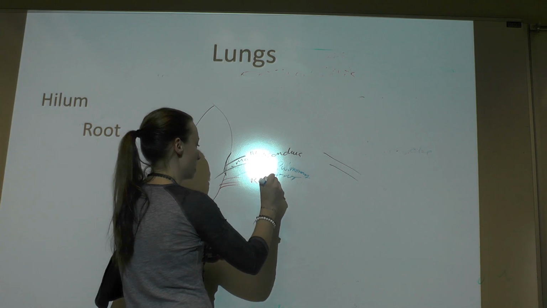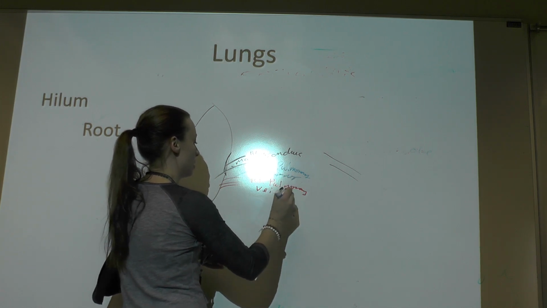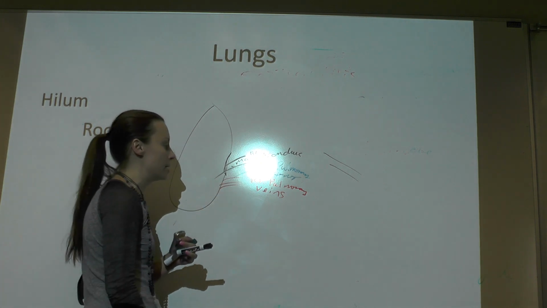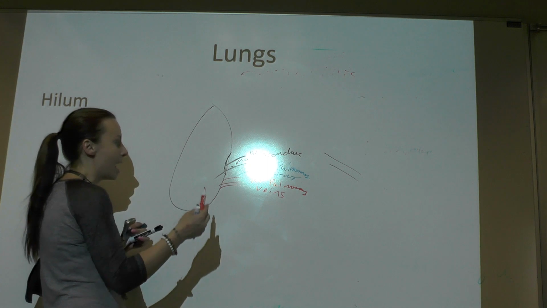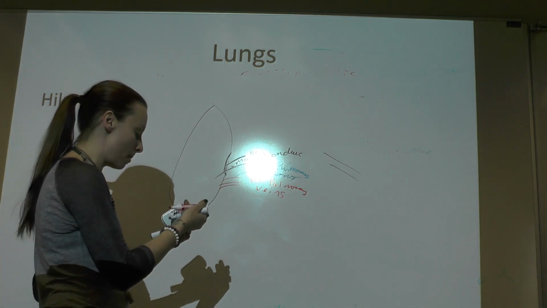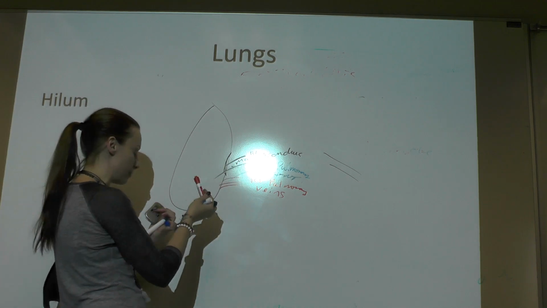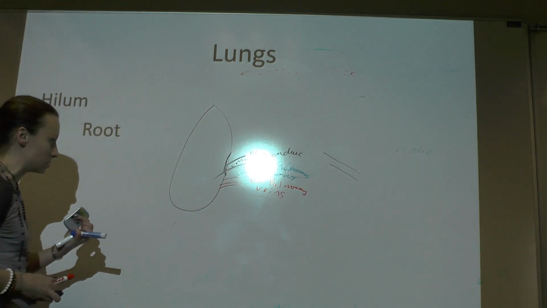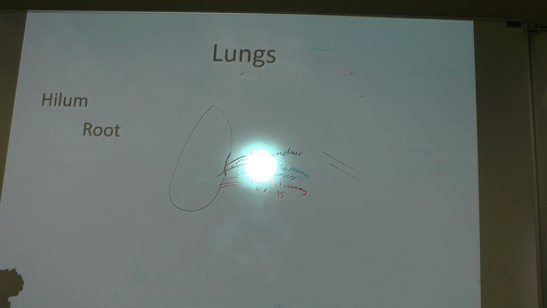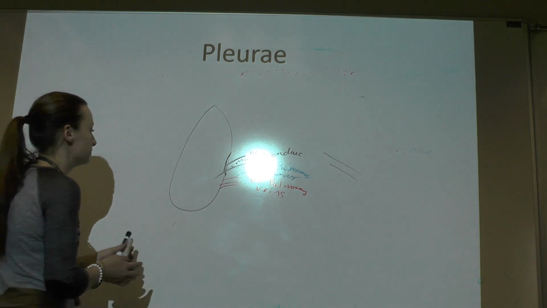These are my right pulmonary veins, which return my oxygenated blood to the left atrium. So the root of the lung has a main bronchus, a pulmonary artery, and pulmonary veins. This is my right root that I've drawn here. On the left, I have a corresponding left root that also has my left main bronchus, my left pulmonary artery, and my left pulmonary veins.